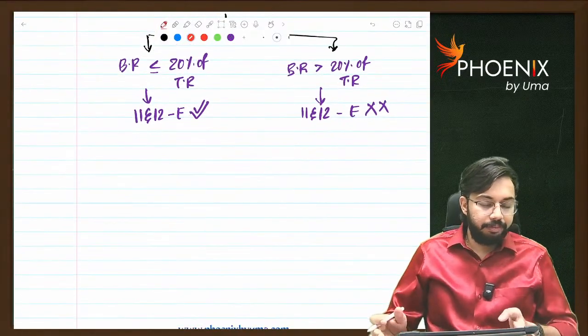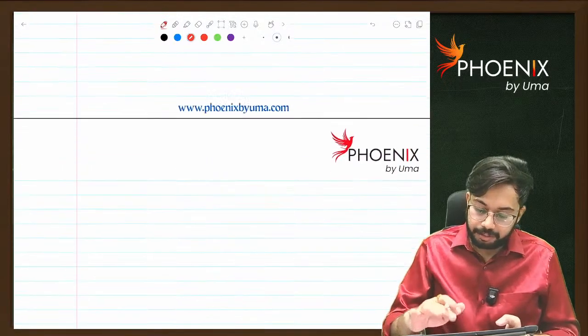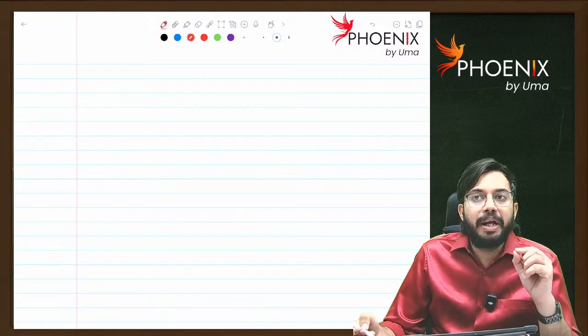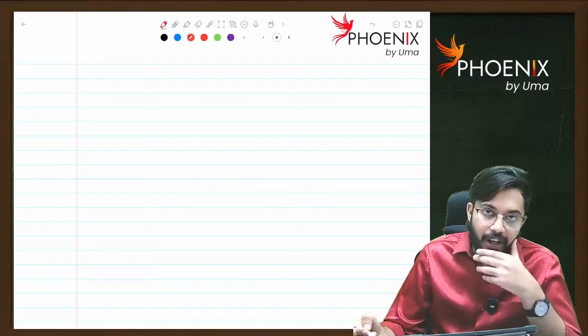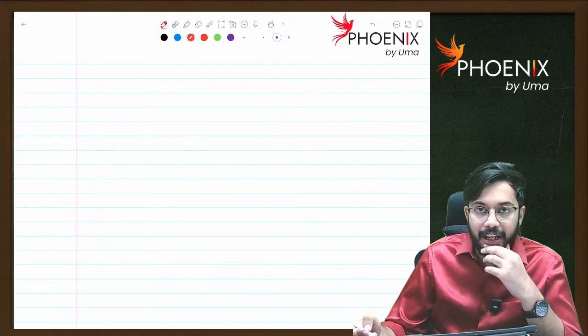Further, the trustee is required to maintain books of accounts and to get its books of accounts audited if the total income of the trustee is more than the basic exemption.